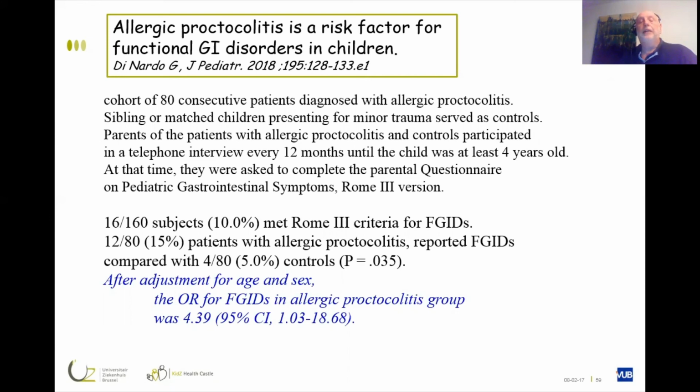So developing non-IgE mediated cow's milk allergy at an early age predisposes that infant to the development of functional gastrointestinal disorders later in life. Remember also the allergic march. Developing cow's milk allergy early in life predisposes the child to develop more frequent allergic disorders later in life.